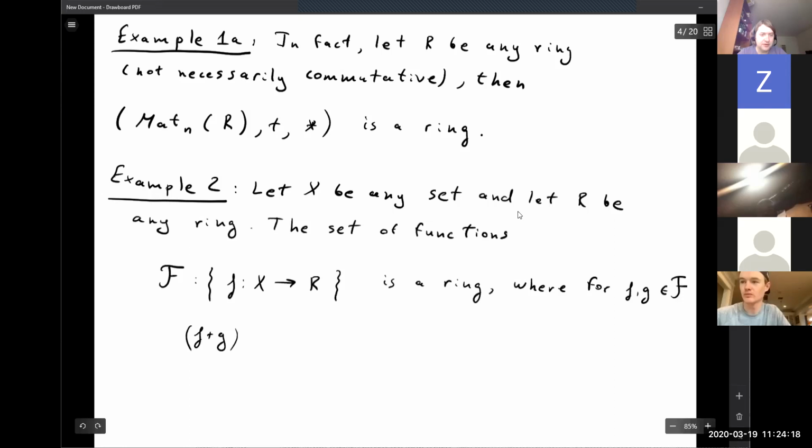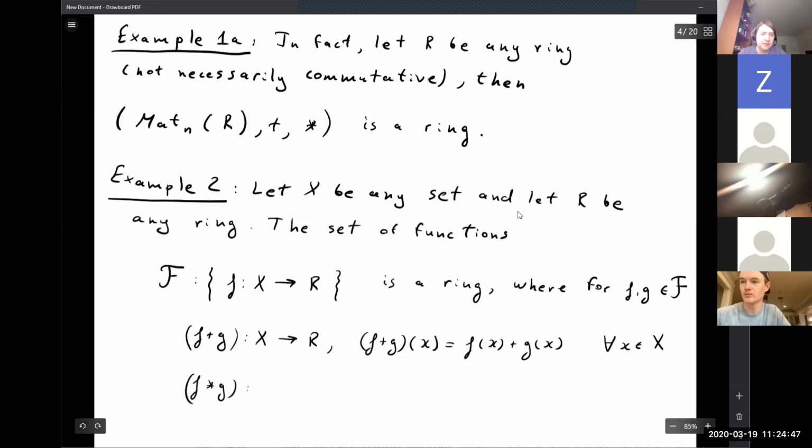So that's a new function from X to R. And this function, when evaluated on element small x, is nothing but f evaluated on small x plus g evaluated on small x. And that's for all small x in capital X. And similarly, we will define multiplication of functions.